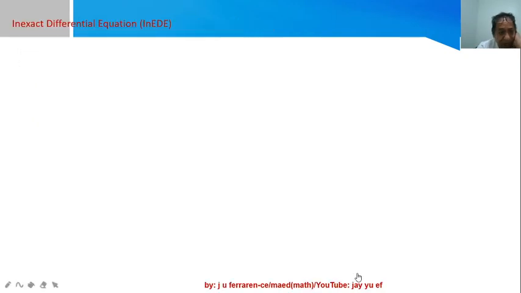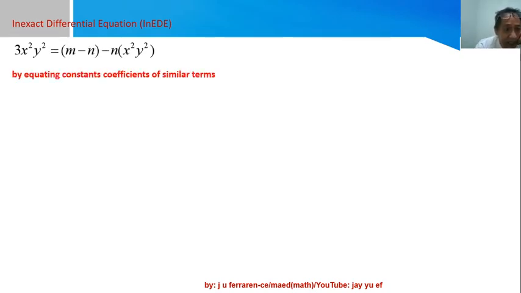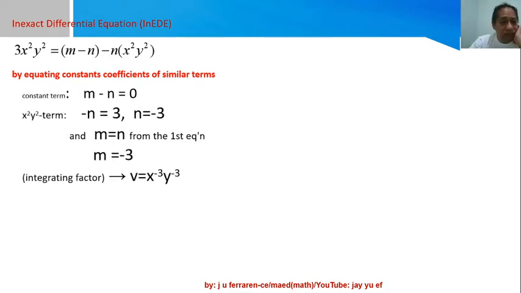To proceed, in order to find your m and n, it can be done by equating coefficients of similar terms. For example, we have a constant term of m minus n, and there is no constant term at the left associated with this. If that is missing there, then we can just equate that to 0.